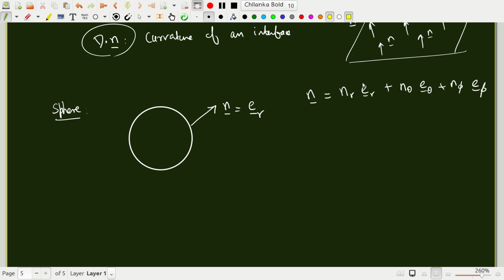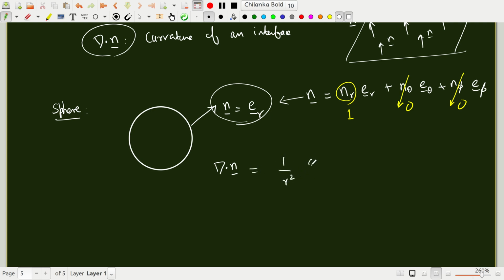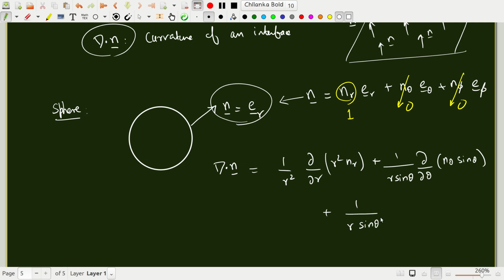Because it's a perfect sphere, n_theta is 0, n_phi is 0, and n_r is 1. Therefore n becomes simply e_r. Now, what is the curvature of this sphere? The curvature is defined as del dot n. In spherical coordinates, del dot is given by this. You can find it in the appendices of any textbook on fluid mechanics.